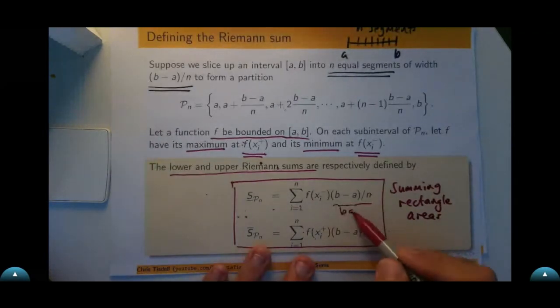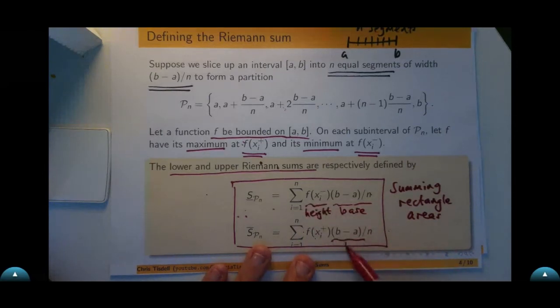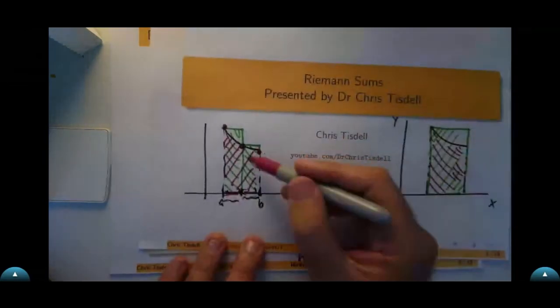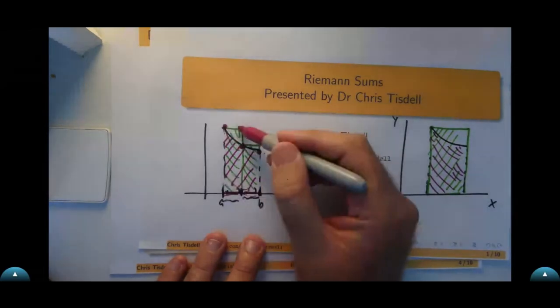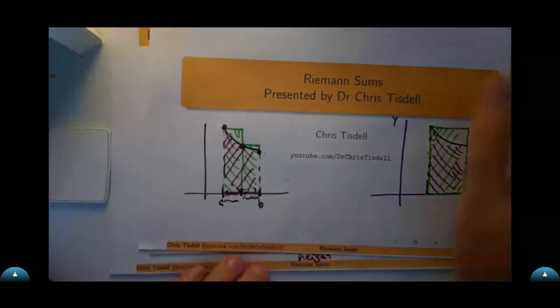This is the base of each rectangle and this is the height. And the sum means you're just adding up all the areas, right? So for this one, we'd add the area of this rectangle plus the area of this rectangle to get the upper Riemann sum. Okay?